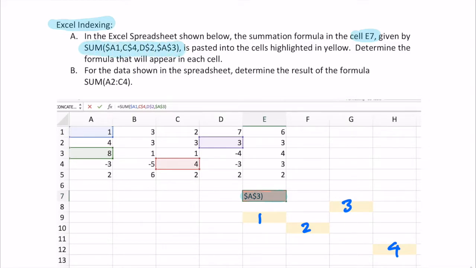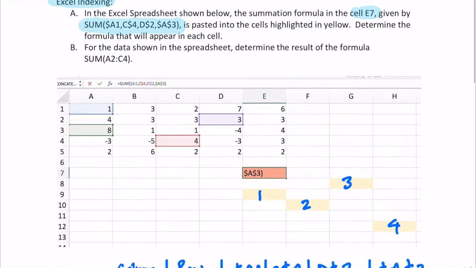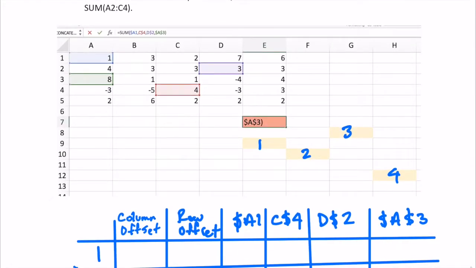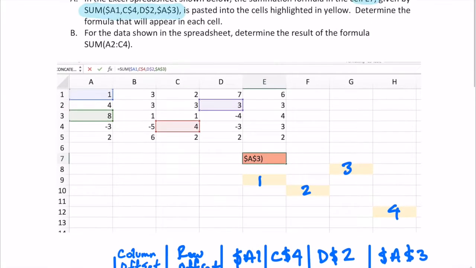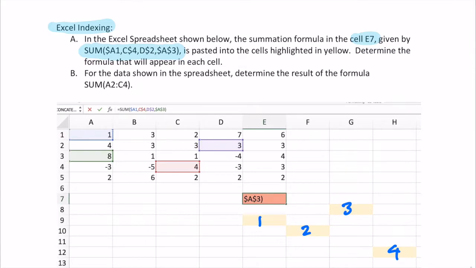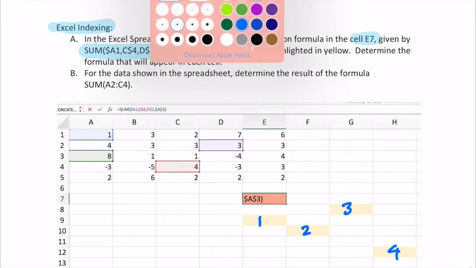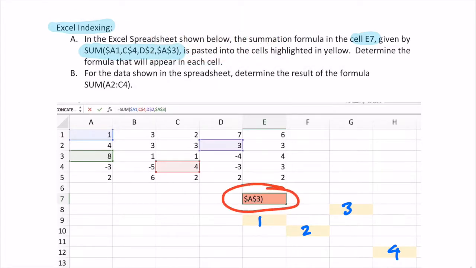Notice it's got a combination of absolute addressing and relative addressing. Here's what we mean by that. Let's consider each of these 4 yellow cells. What we're going to do is copy from this cell and paste that formula into cells 1, 2, 3, and 4.